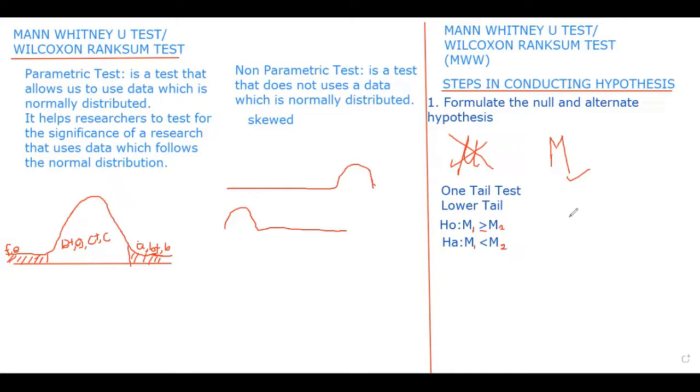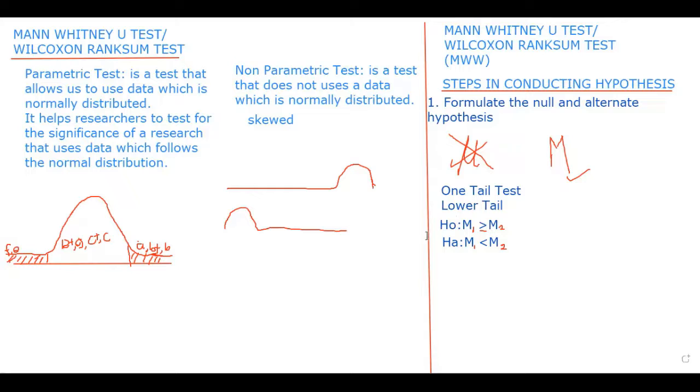So basically, this is how we formulate the hypothesis for the one-tailed Mann-Whitney U test, or Wilcoxon rank-sum test. Now, we can send all of the M's, that's M1 and M2, to the left side, and the right side will be 0.